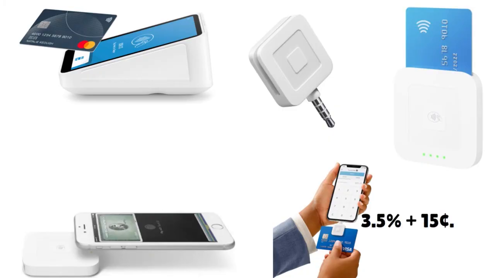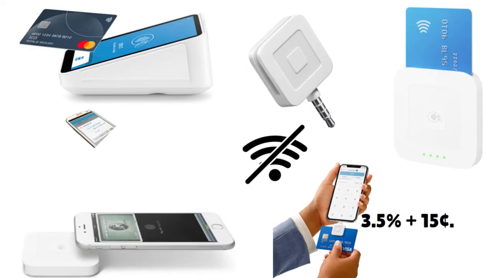But if your service goes offline, you can actually take advantage of Square's offline mode and pay the same flat processing fees for swipes. And if you want to accept regular magstripe payments, you'll need to buy a Square reader for magstripe that fits either your headphone jack or your iOS Lightning connector, both of which cost just $10.